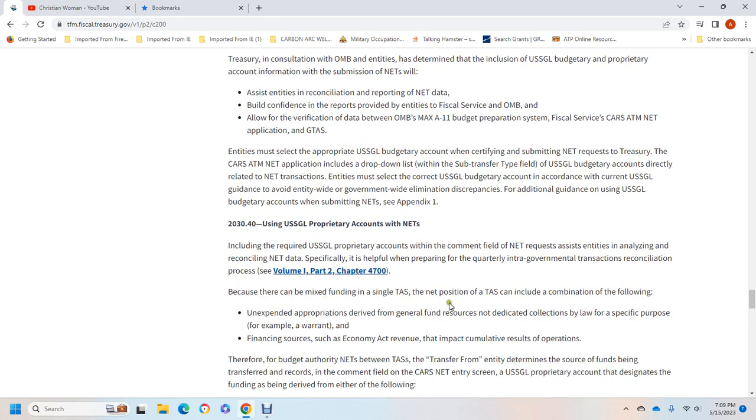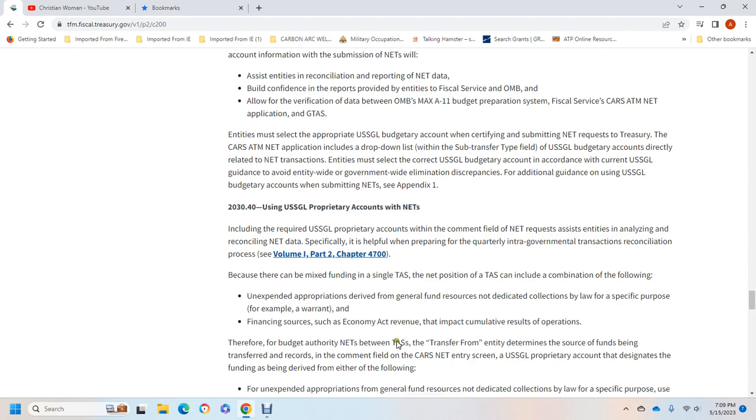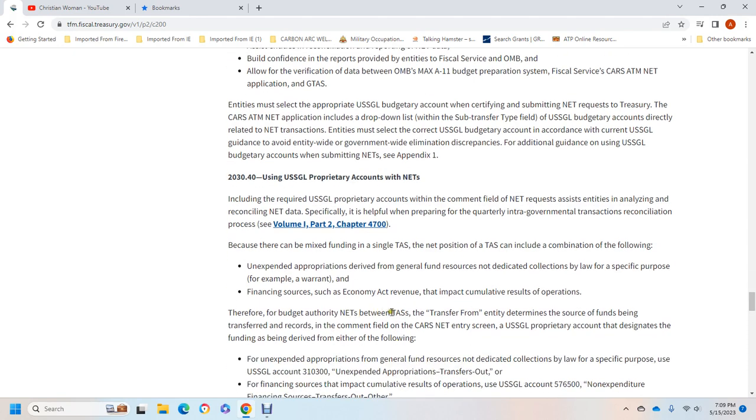with the Treasury account symbols. In a Treasury account, the transfer account symbols can include a combination of the following: the unexpended operation derived from the general fund receipts, the non-dedicated collections by law with specific purpose of the financial source of the Economy Act, revenue, impact, and cumulative results of operations. Therefore, the budget for the net expenditure Treasury with the Treasury account symbol of the transfer determines the source of the funds transfer recorded in the common field with the CARS net expenditure transfer entry screen.